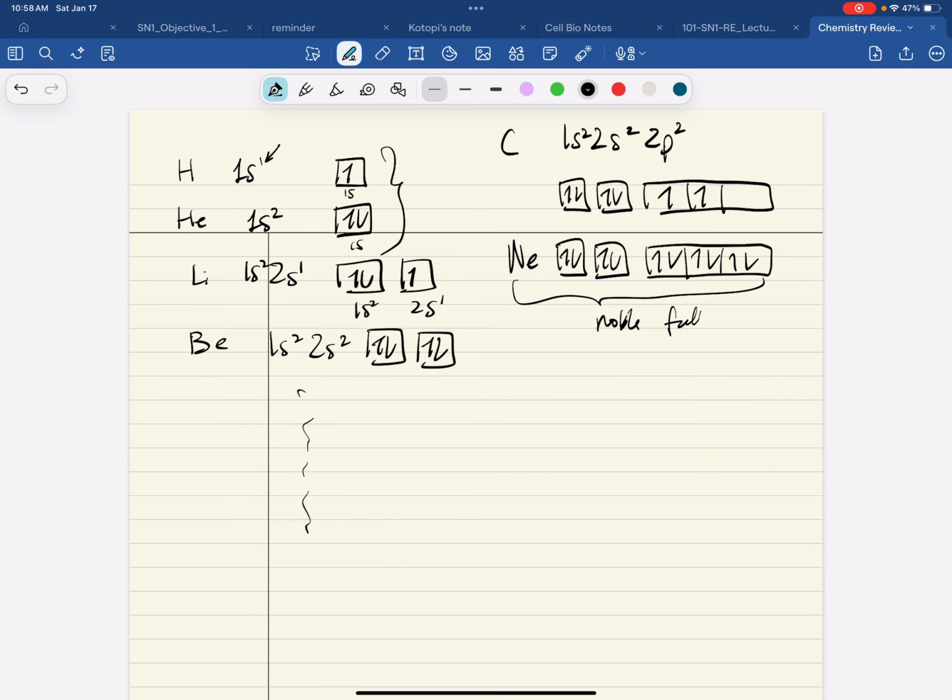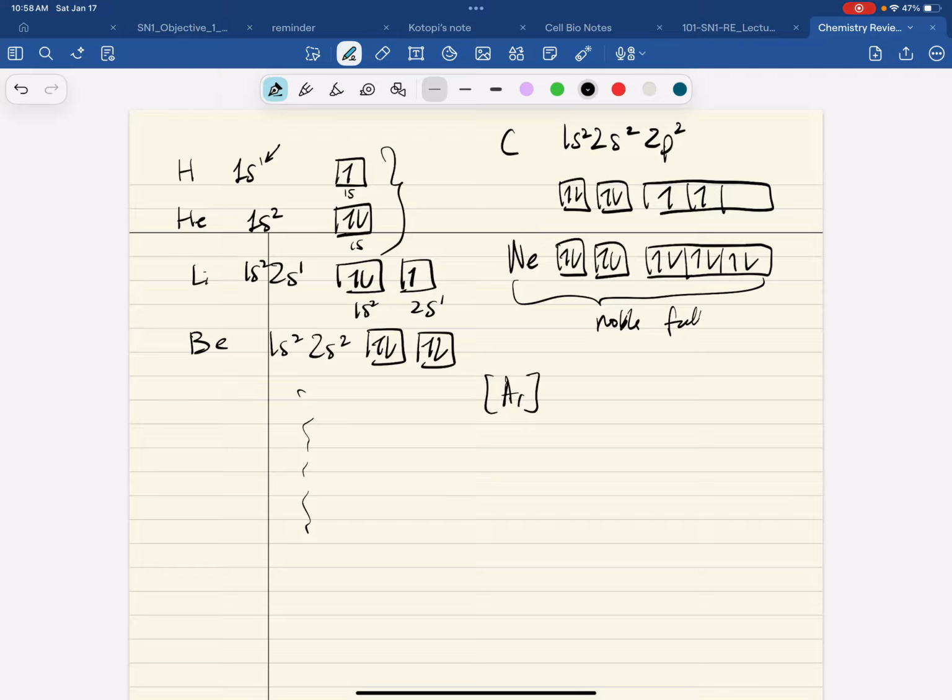So what we're gonna do is write Ne with a bracket around it, meaning everything until Ne, or actually it should be argon, everything until argon, which is right under neon.